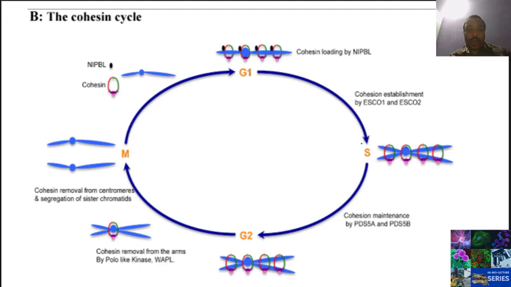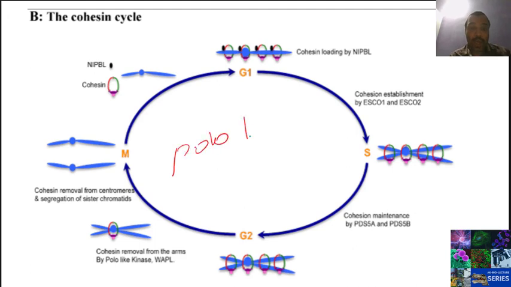Actually, the eraser in the cell, the cohesin eraser of the cell, are polo-like kinase 1, aurora B kinase and WAPL. Which are they?